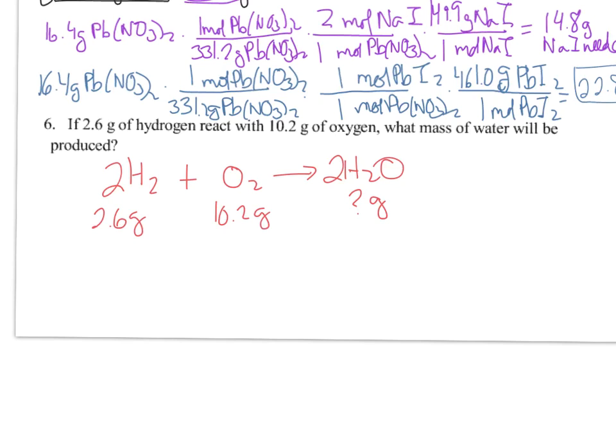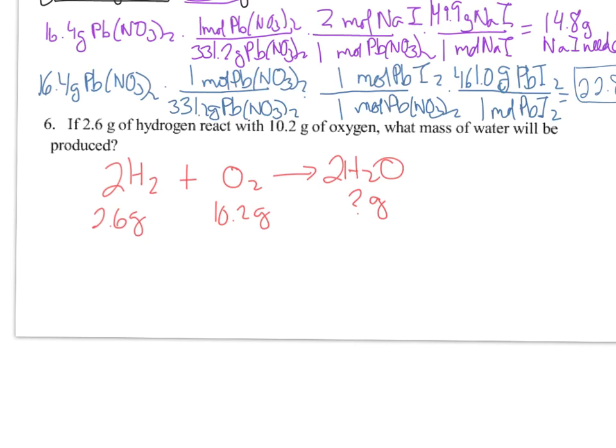So, since I have two values for my reactants, I need to figure out which one is limiting me, and that's the one that I use to figure out how much product I form. Like before, we figure out which one is limiting me. Let me try the other way that I told you about. So far we've been picking one reactant, solving for the other reactant, to see if we have enough or not.